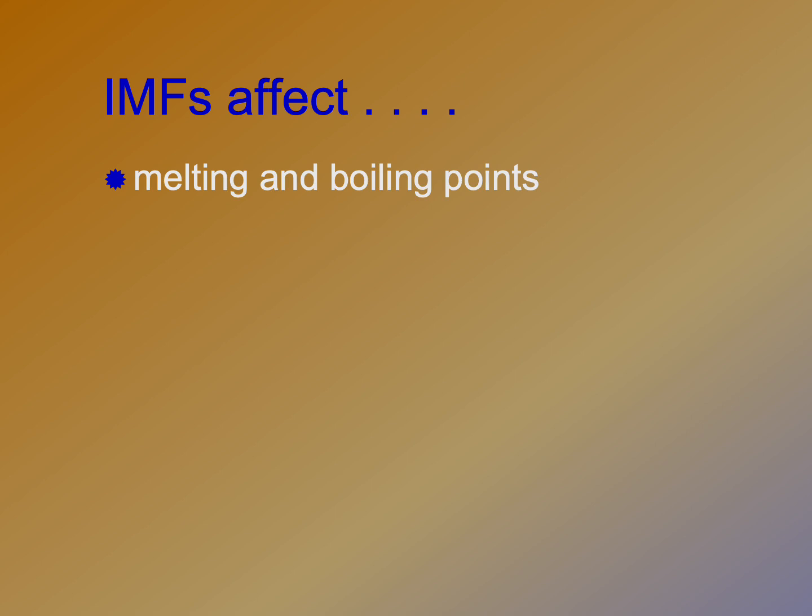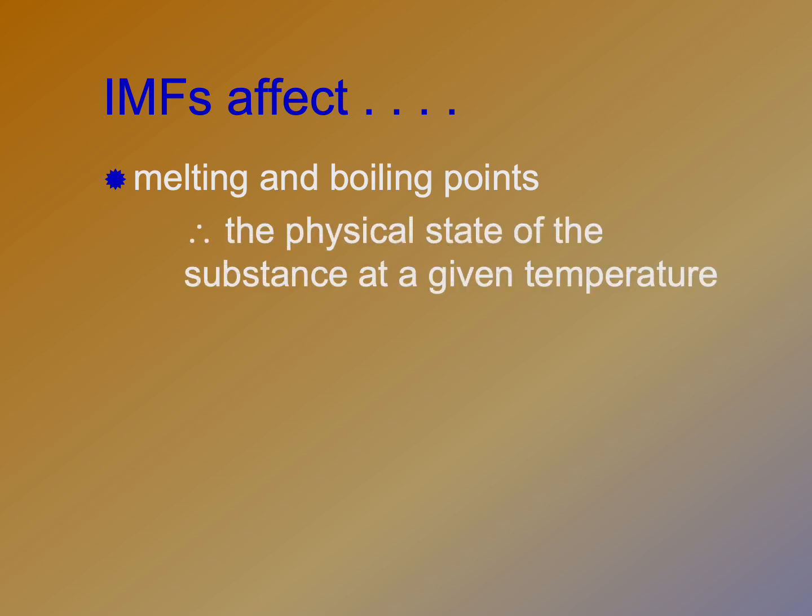So they tend to have higher melting points and higher boiling points if they have higher intermolecular forces. So since it affects the melting point and boiling points, therefore it also affects the physical state of the substance at a given temperature. So these intermolecular forces are what determine if a substance is a gas, liquid, or solid at room temperature.